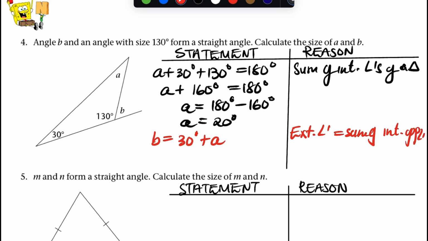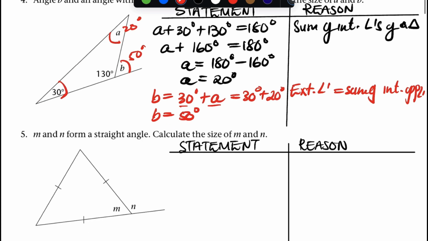So it's going to be 30 degrees plus 20. A is 20. We're adding these two. So our B is going to be what? 50 degrees. So B is 50. Honestly, it's correct because 20 plus 30 is 50, right?